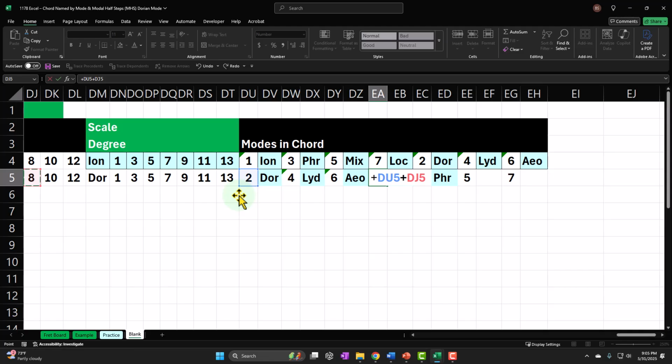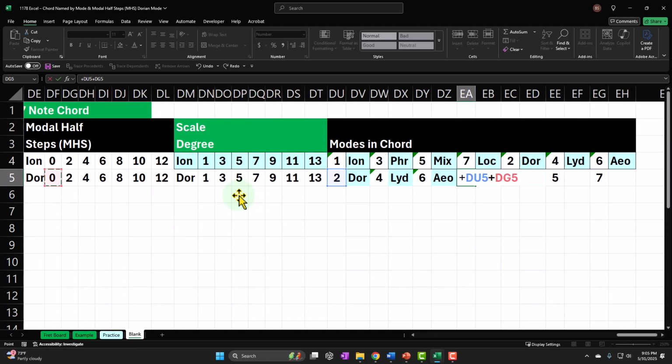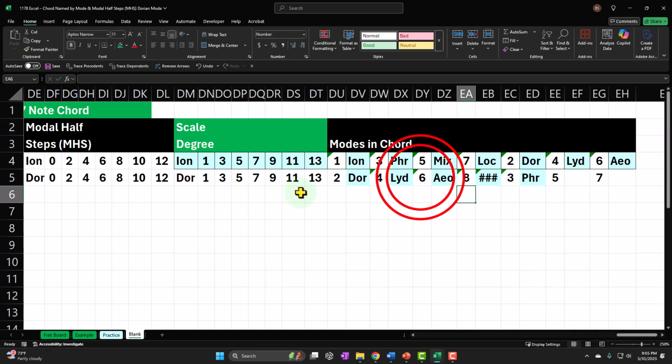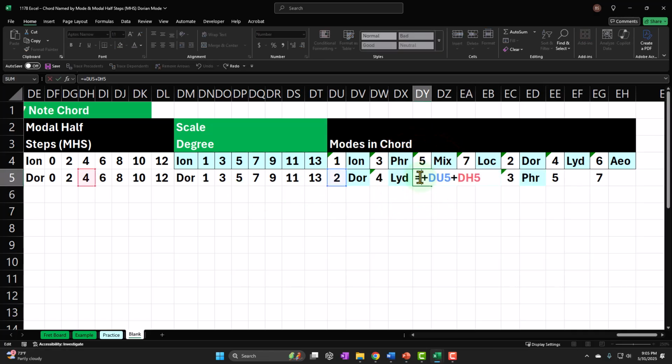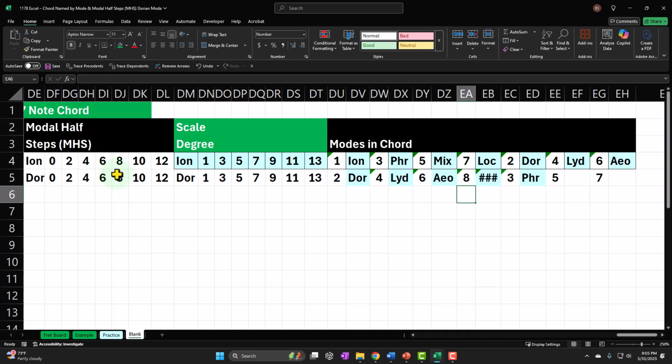So I went up 2, 4, 6. Okay, now what happened? This is plus the 4, and this should be plus the 6. Right, that's right, plus the 6.